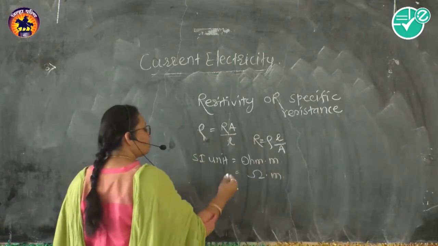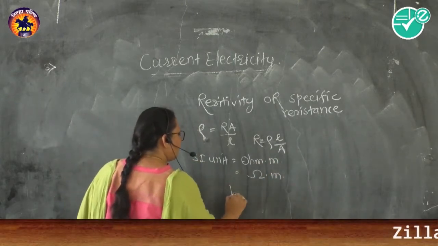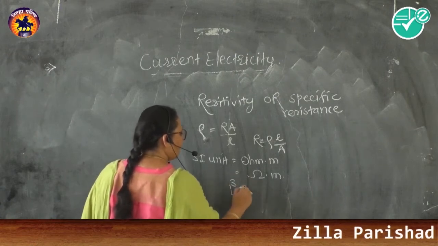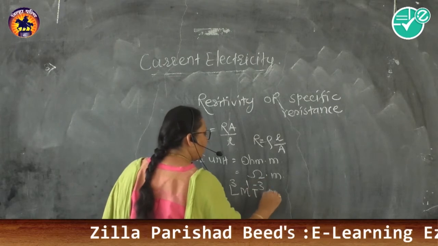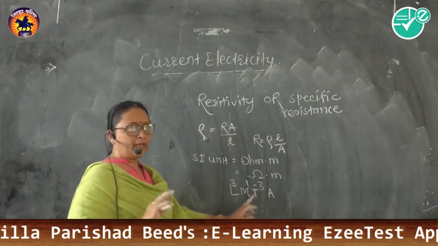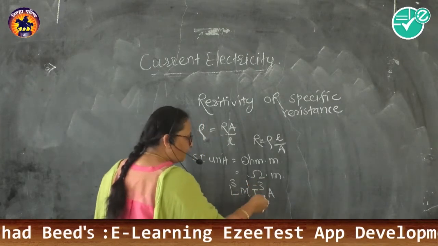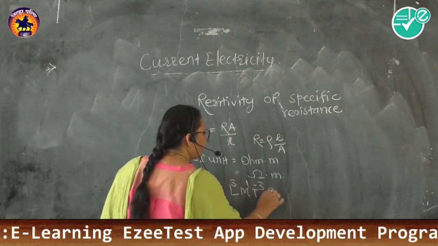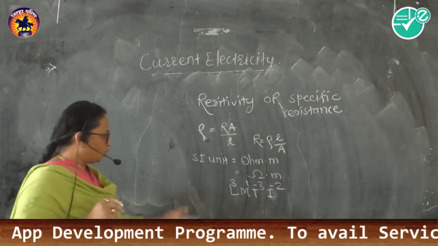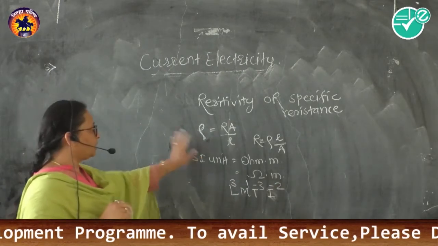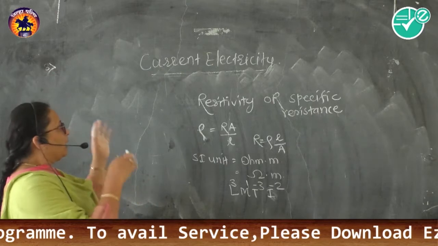And its dimensional formula is E raised to 3, M raised to 1, T raised to minus 3, and A. Here A is not area, but it stands for ampere or current. You may write current I, that is minus 2. So this is the dimensional formula for the specific resistance rho.